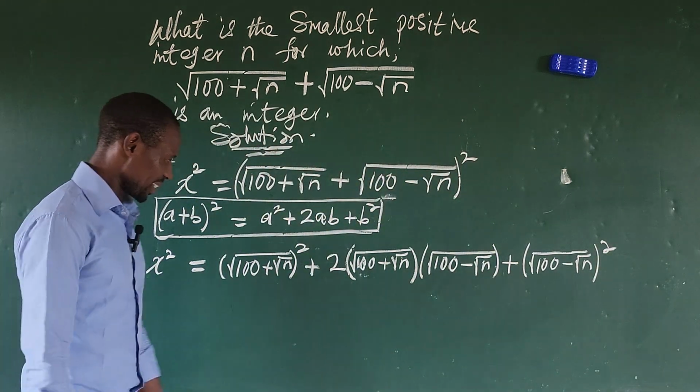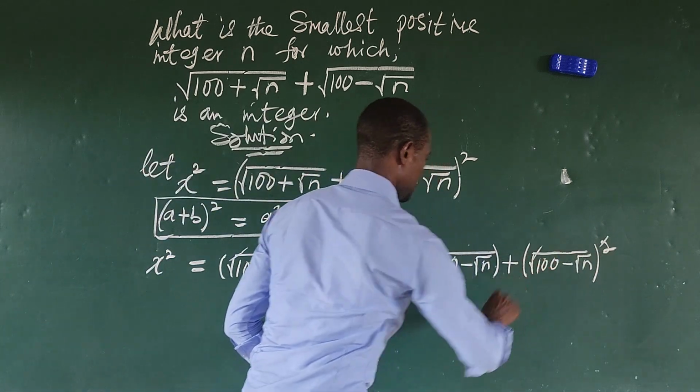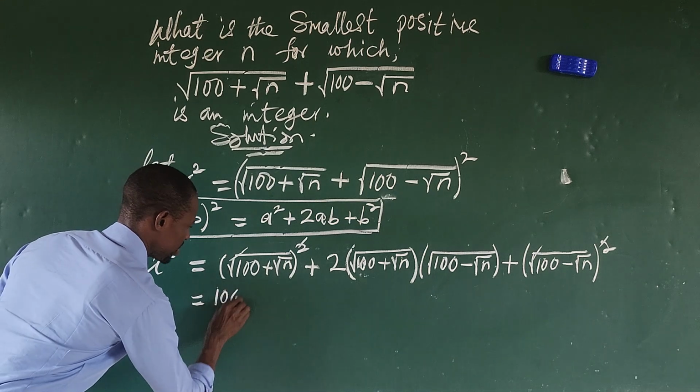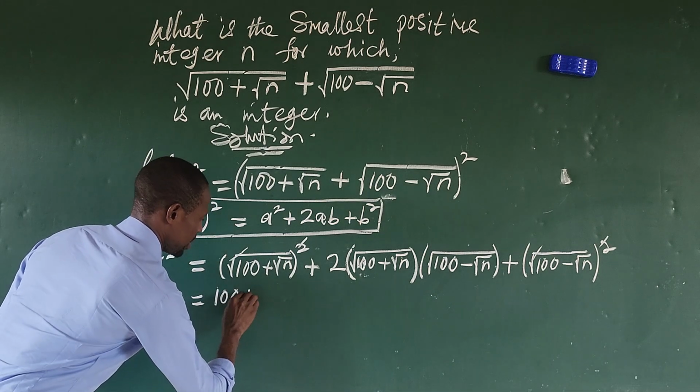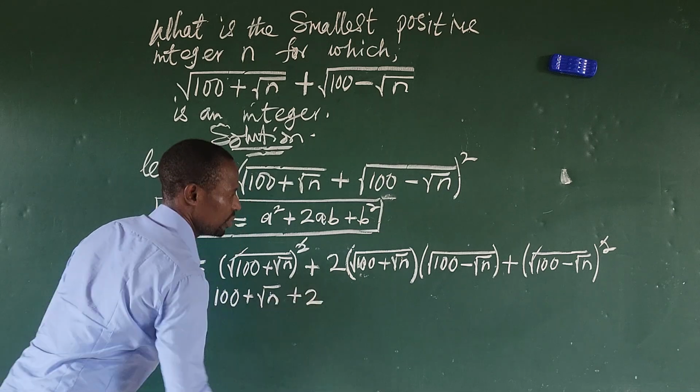What does this tell us? The square roots go with the squares, so we now have 100 plus the square root of n, plus 2.